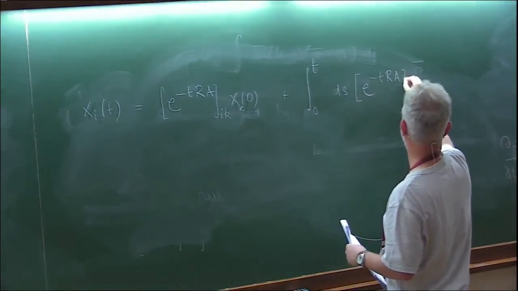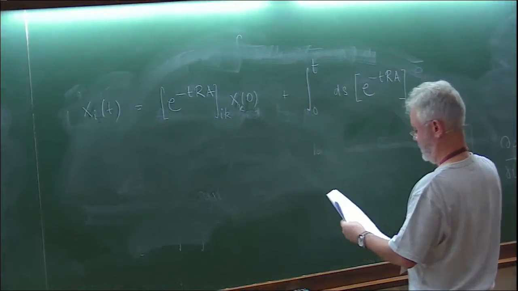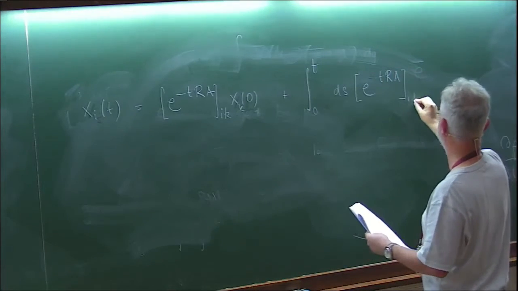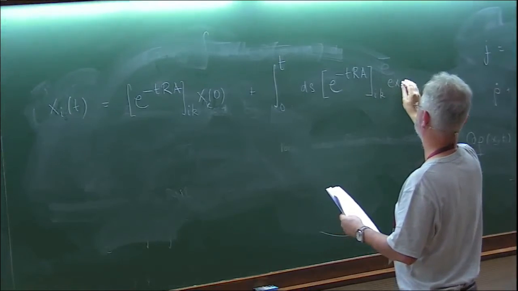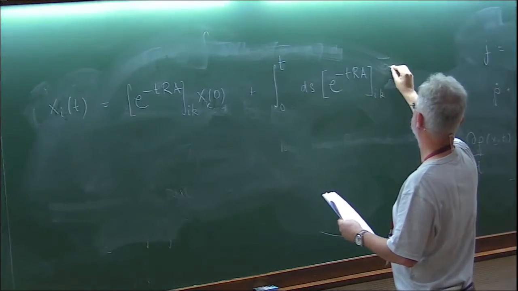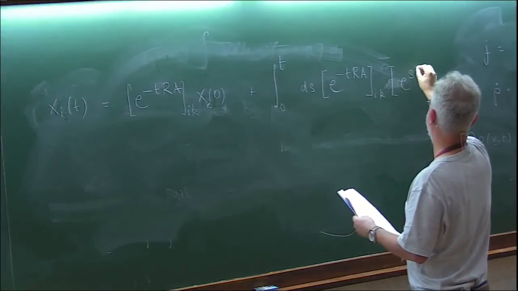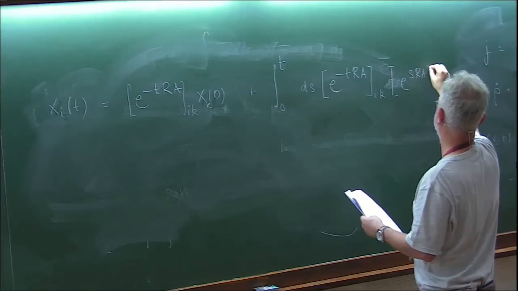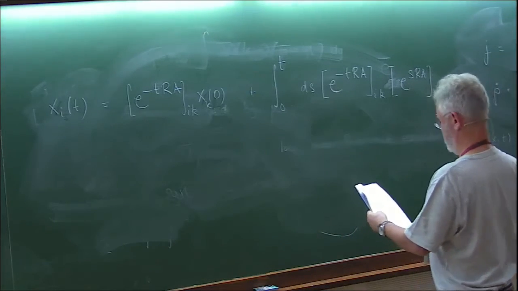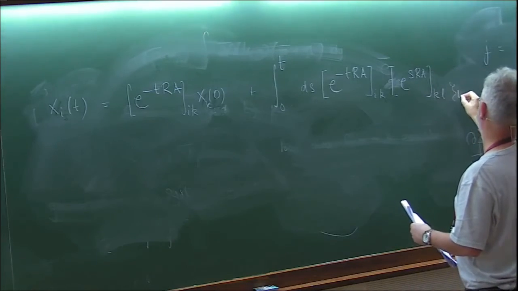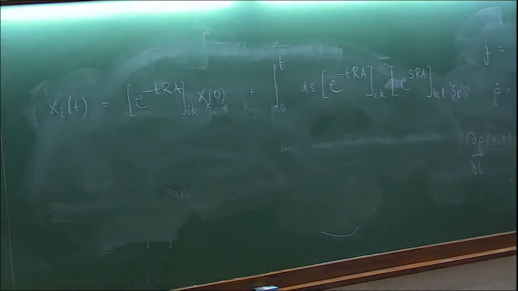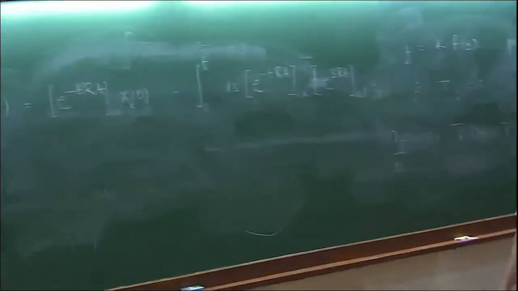This guy here has indices i and k, multiplying the exponential e^(sA) with indices k l, times zeta_l(s). Okay? So that's the formal solution.